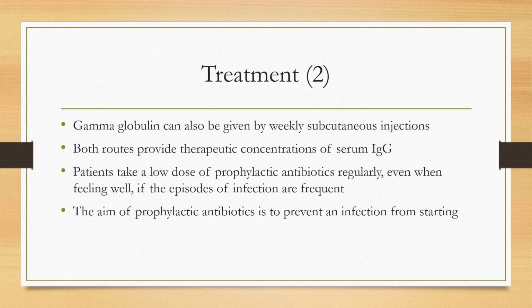So this tells me that the client may be able to be taught how to give these injections, or if needed, a family member can be educated on how to give these injections. Both routes will provide therapeutic concentrations of serum IgG, and patients may also take a low dose of prophylactic antibodies regularly, even when feeling well, if the episodes of infection are frequent.